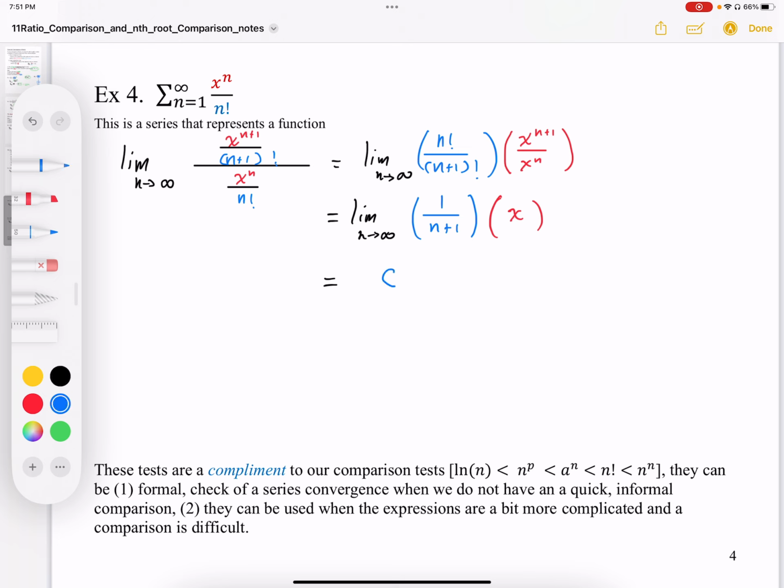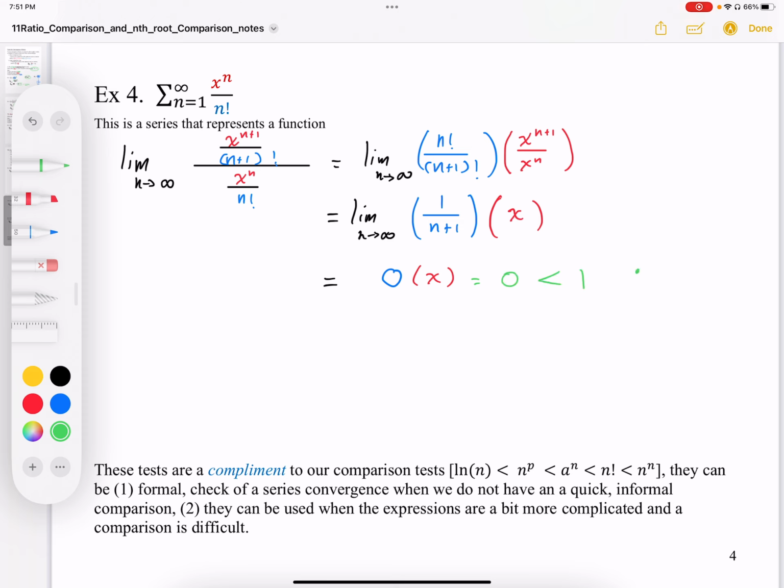This becomes 0 times x. Now, our ratio test is going to be independent of that x, because 0 times anything is 0. So at this point, this is equal to 0, which is less than 1.